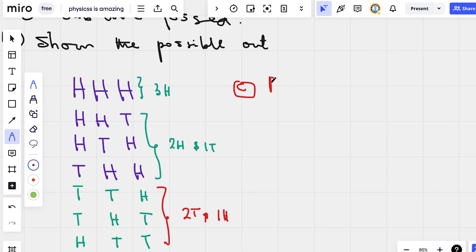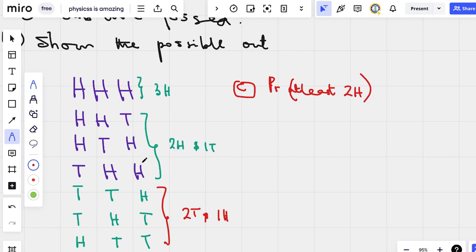Probability of at least 2 heads. Okay, so we see how many outcomes we have with 2 heads. There are 3: 1, 2, 3.